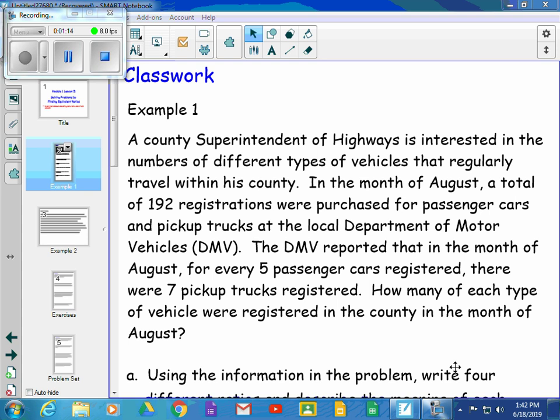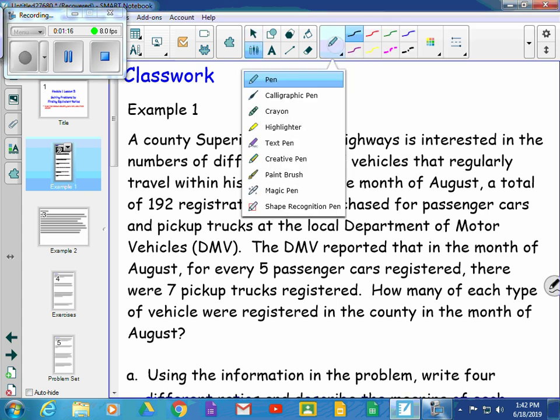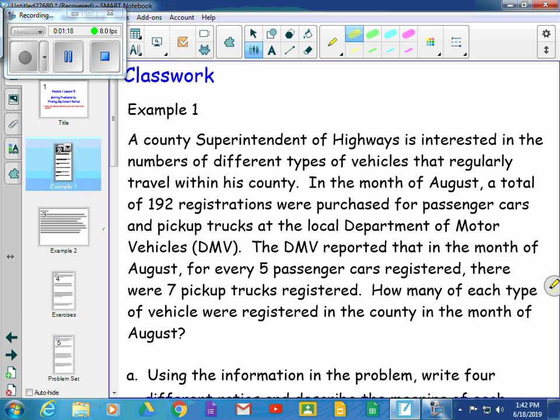Now, before we get to solving this, I'm going to highlight some key information. They tell us a total of 192 registrations were purchased. That tells us how many total cars were registered in that county. And if you remember from our goal, one of the things that we're going to be given is a total.